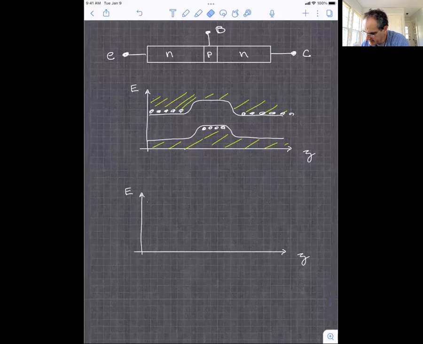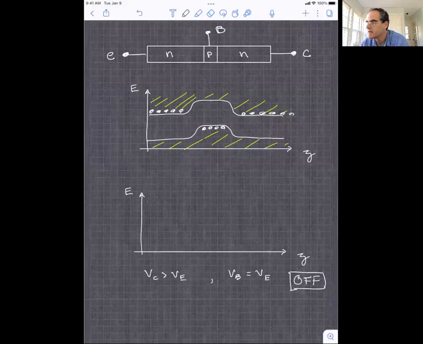So imagine the case now where the collector voltage is greater than the emitter voltage, but the base voltage is equal to the emitter voltage. This will be the off state for the transistor.